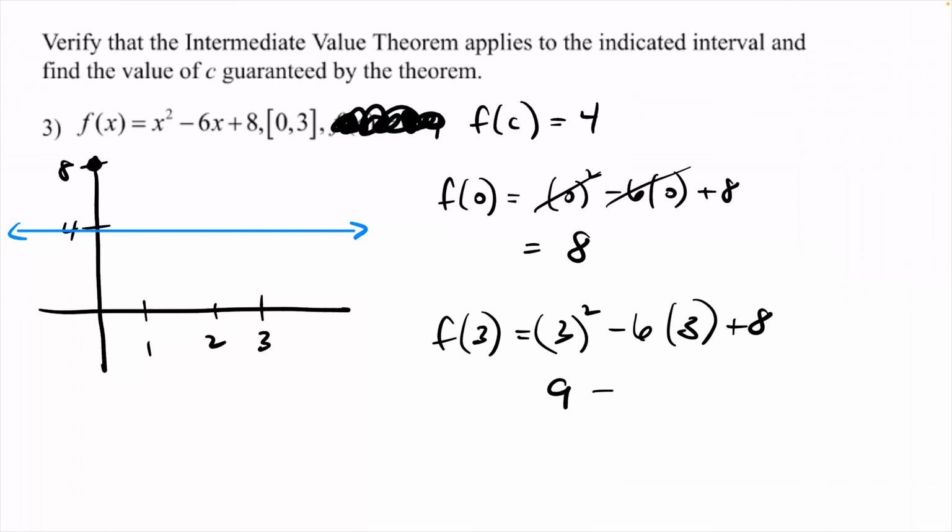So 9 minus 18 plus 8. Negative 9 plus 8. Negative 1. So that would be here. I should use a different color. So to connect the red dots, do I have to cross the blue line somewhere? Probably. Yes. At least once. Okay.